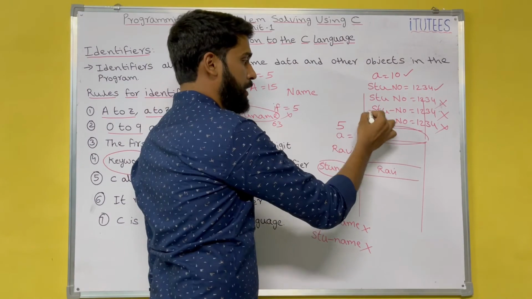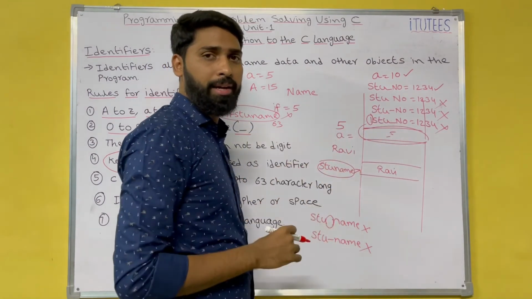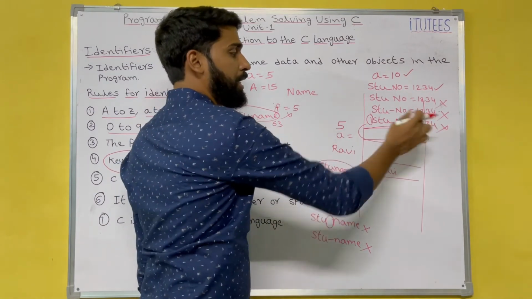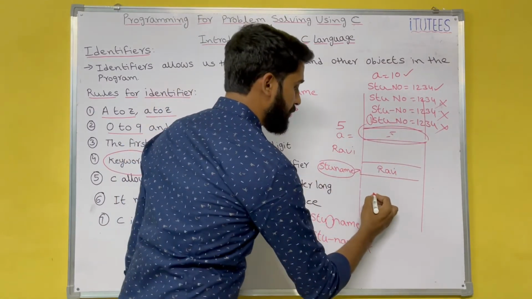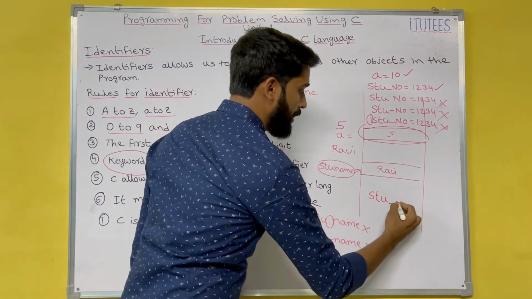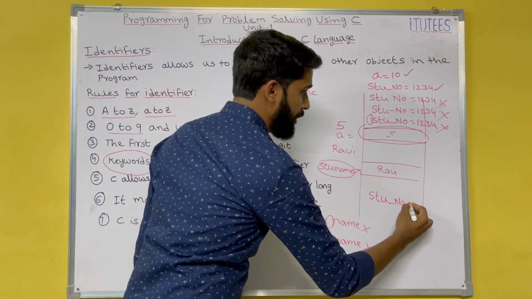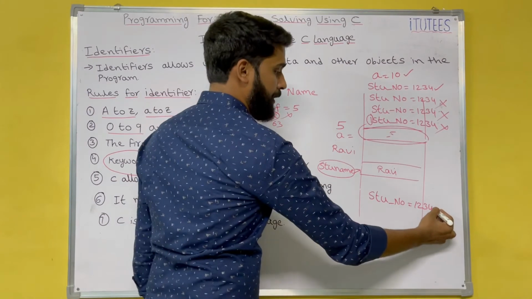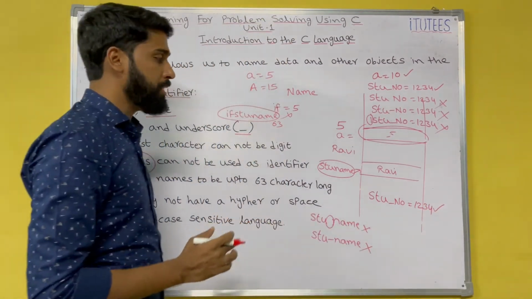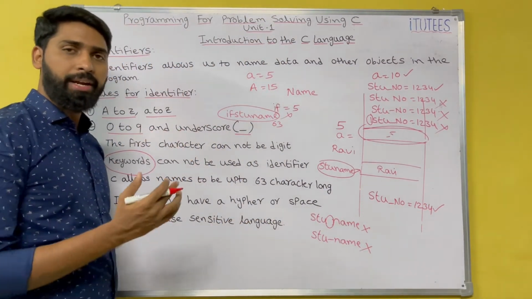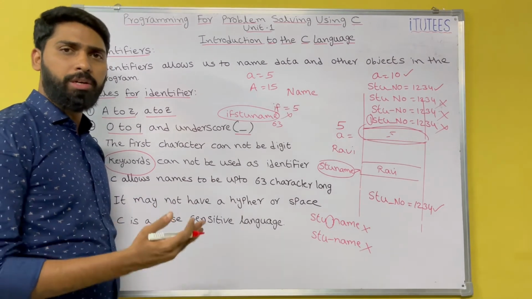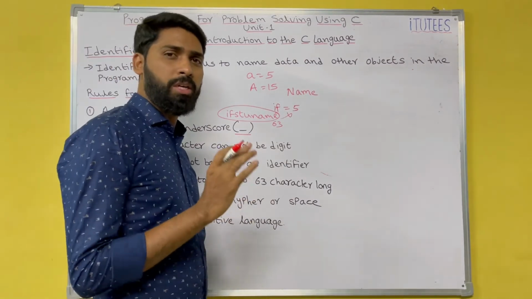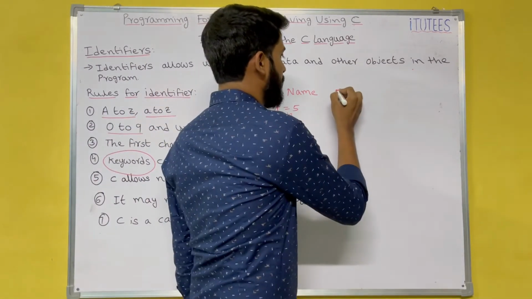The first character must be a letter, and here the first character is a digit, so it is illegal. And stu_number equals to 1234 is valid. Okay, so this is about identifiers. An identifier is nothing but giving some name to the data. That's it.